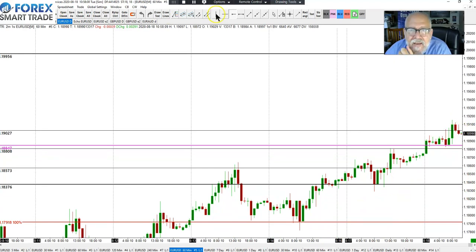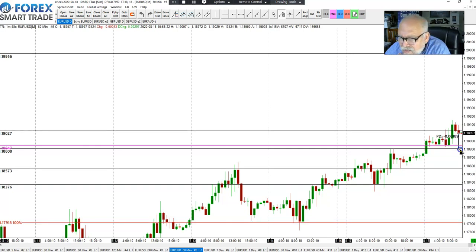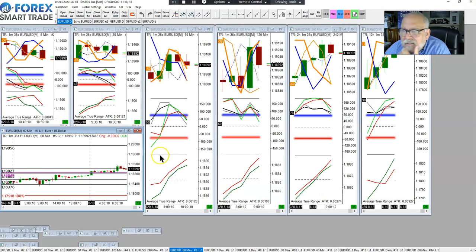All right, so we have a lot of movement. We are on this side of the resistance line, and we have, I'm not quite sure, the pink line there. Well, I guess we'll use it. So I've got 14 pips till I hit that line.